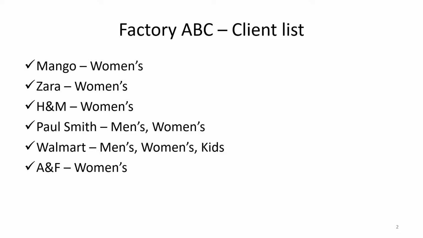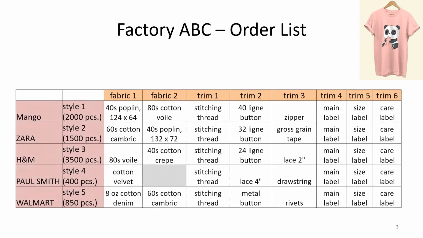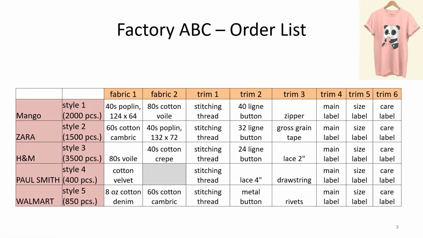And now we're going to look at their order list at any given point of time. So let's say in the year 2022, the owner asks, how many orders do we have? So the merchandiser says, sir, we have an order from Mango. The name of the style is style 1, and the quantity is 2,000 pieces.